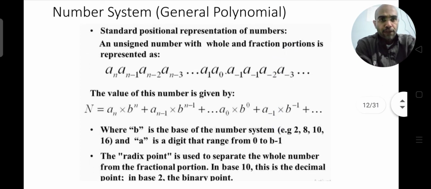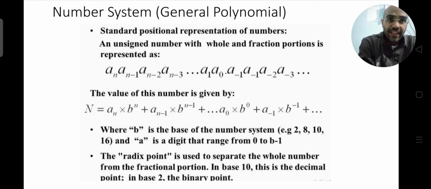So if we have to represent a number in any number system, then that number system can be represented with some symbols. Now let us denote a general representation. So the general representation is A0, A1, A2, A3 up to AN. AN is called the most significant bit or the MSB of the number, whereas A0 is called the LSB of the number.